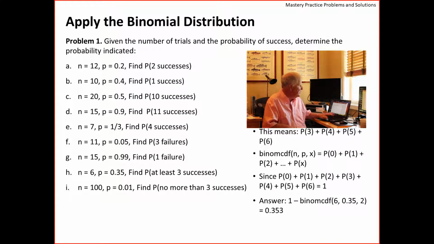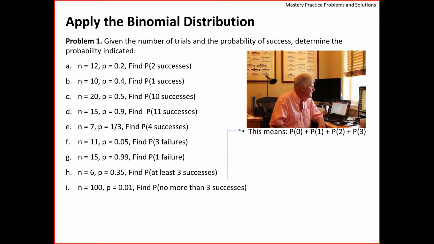Okay, let's go to the last problem, I. I says, let n be equal to 100. Let p be equal to 0.01. Let's find the probability of no more than 3 successes. What does that mean? Well, 0 is not more than 3 successes. 1 is not more. 2 is not more. 3 is not more than 3. So no more than 3 successes means P0 plus P1 plus P2 plus P3.